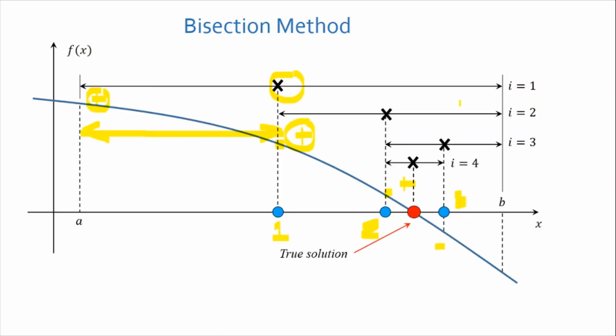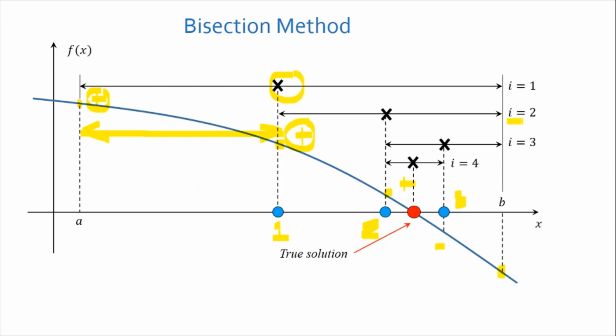This is illustrated here: the value of the function at a is positive and the value of the function at b is negative. Therefore, the product is negative.